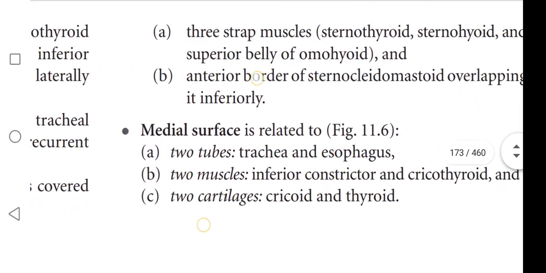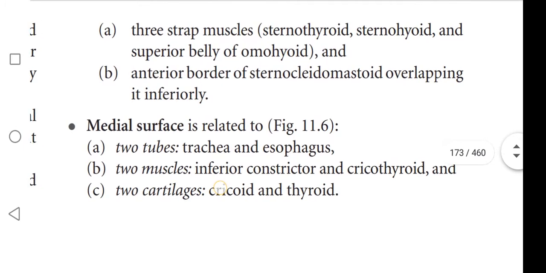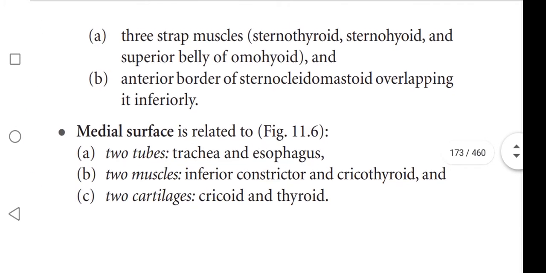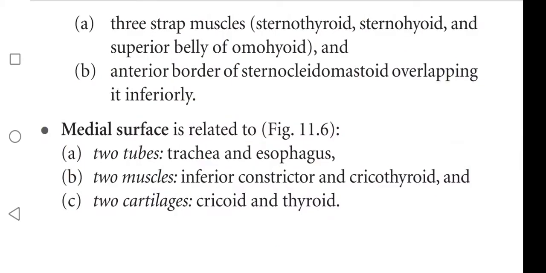Coming to medial surface. Medial surface is related to two tubes, two muscles, two cartilages. What are the two tubes? Trachea, esophagus. Two muscles: inferior constrictor and cricothyroid.